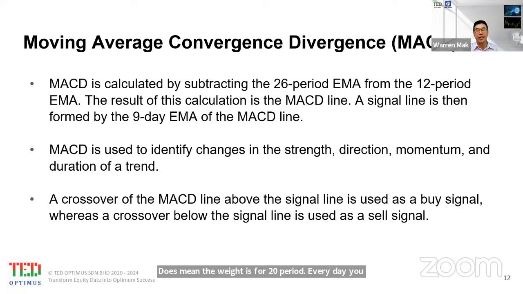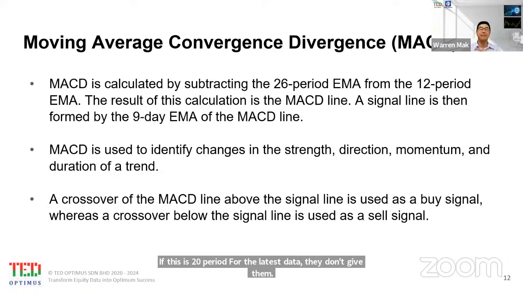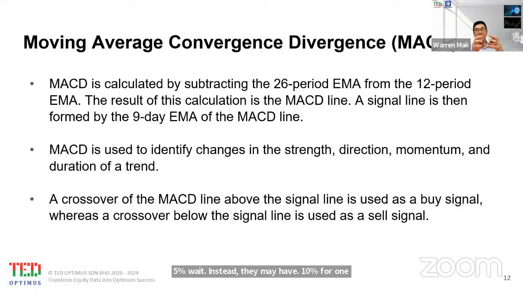But for the exponential moving average, it will have a heavier weight for the latest data. If this is 20 periods, for the latest data they don't give 5% weight. Instead, they may give 10% for one day. That means they will reduce the weightage going back to day one, which is 20 days in the past, so that they give more weight to the latest data.